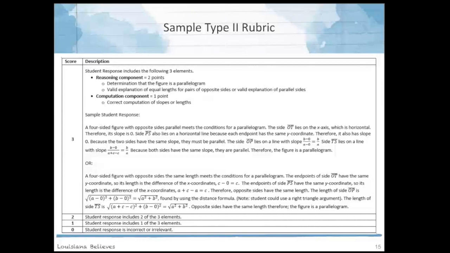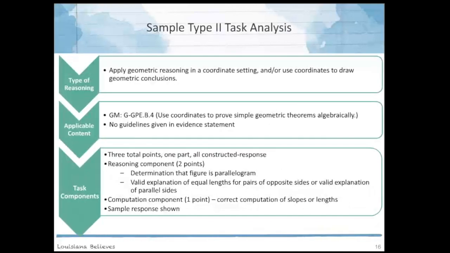So they determine the figure as a parallelogram, and they provide a valid explanation, and they actually give multiple ways that students could come to this explanation. And then computation component, so they provide the slopes or lengths necessary to make their determination.